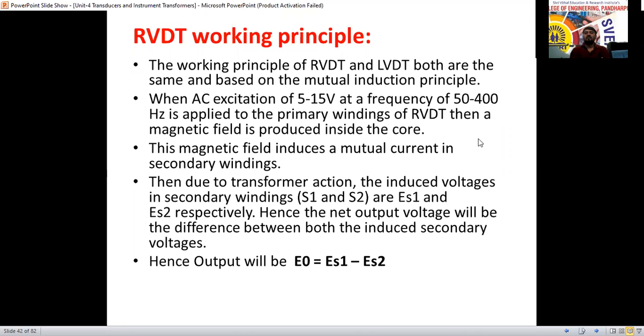Both operate based on the mutual inductance principle only.